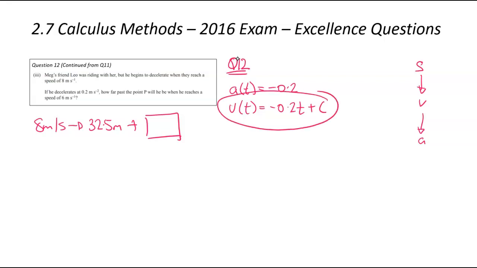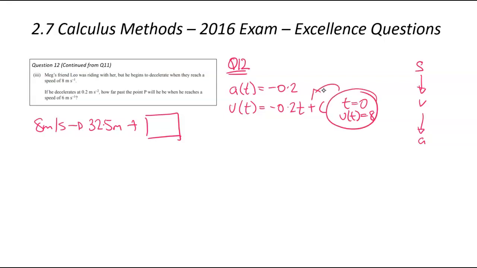This is where it gets a bit messy trying to find out the c value. So at the point where they start slowing down, that's our new fixed point, or our new starting point. So at that particular point, time is 0 because no time has passed when they're at that 8 meters per second speed. And at that point, we know the velocity that was given to us, that's equal to 8.